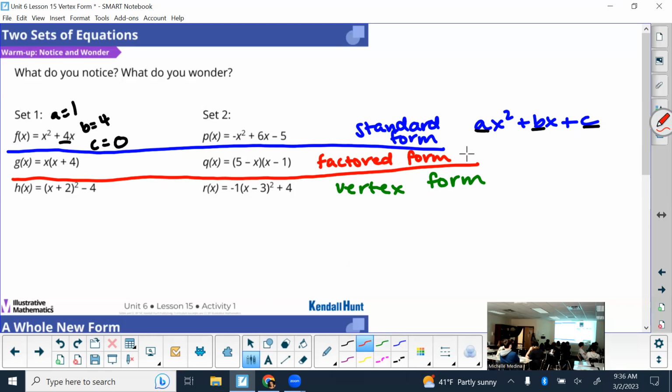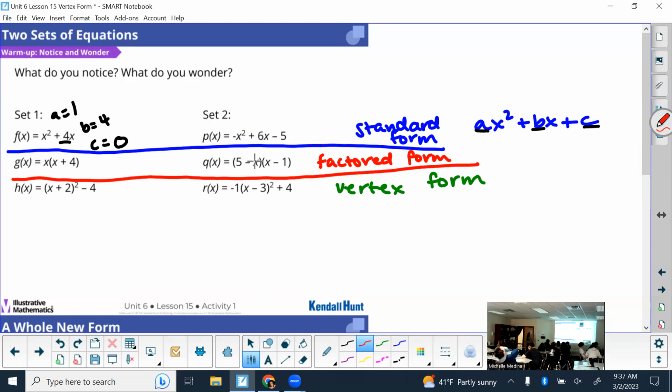That one is useful for seeing your x-intercepts, or zeros is what they usually call them. So, for example, x-intercept is when y equals 0, right? So if it equals 0, then that means one of these factors must be 0. So this one I think is easier to look at.